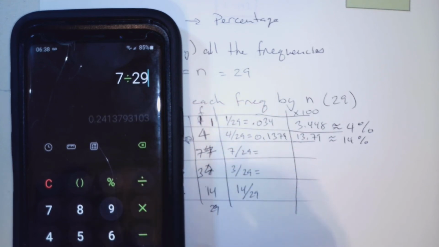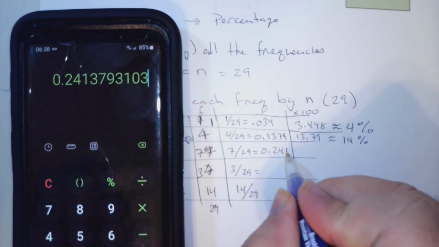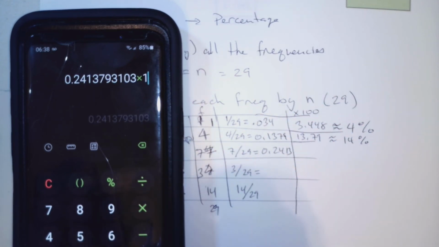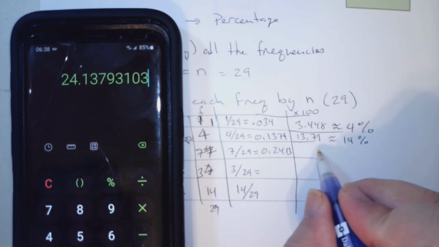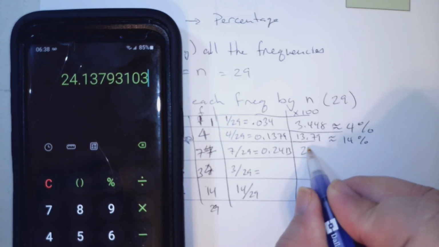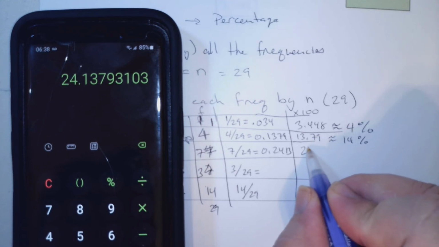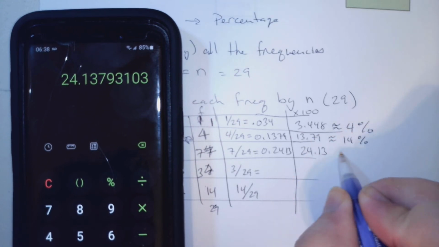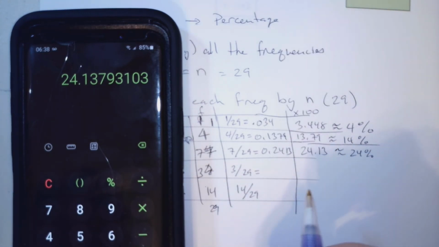7 divided by 29 is 0.2413, times 100. So it's 24.13, approximately 24%, round down.